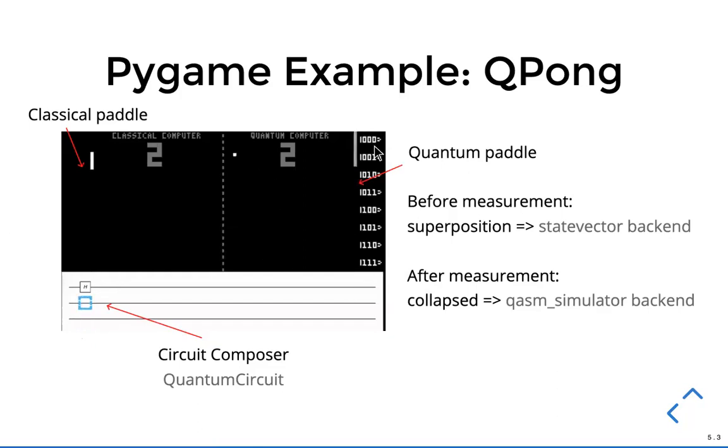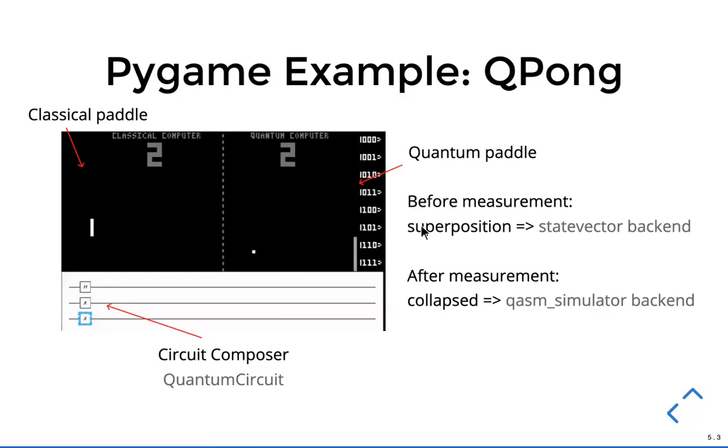Here you see we have 8 different quantum states, and the transparency of the quantum paddle is determined by the measurement probability of the quantum state. There's also one part that distinguishes before measurement and after measurement.